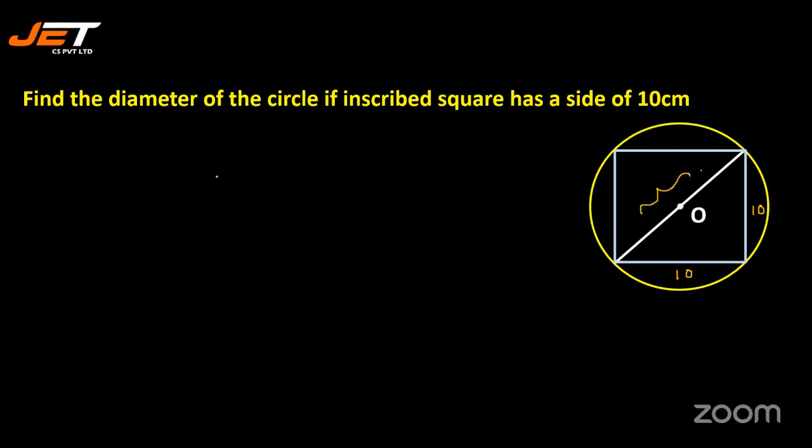So using Pythagoras theorem, it is 10 square plus 10 square is equal to d square.